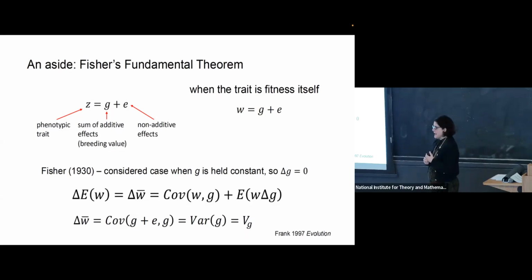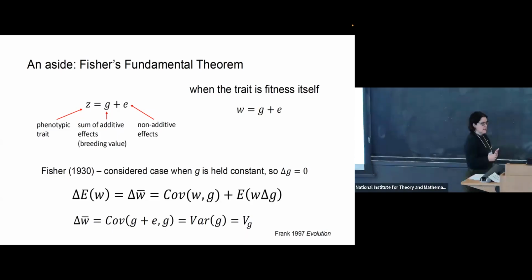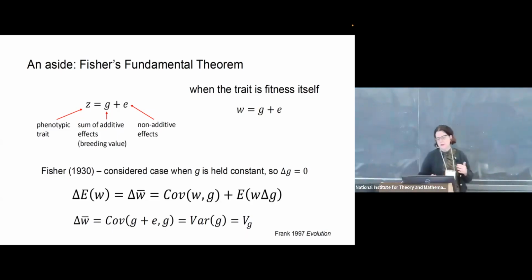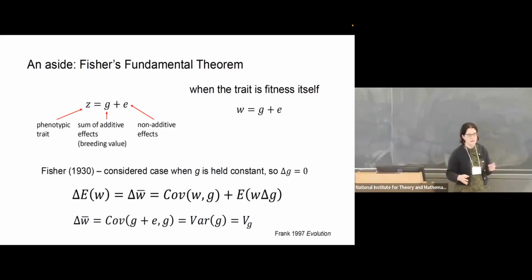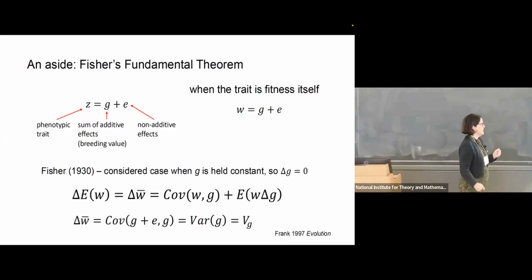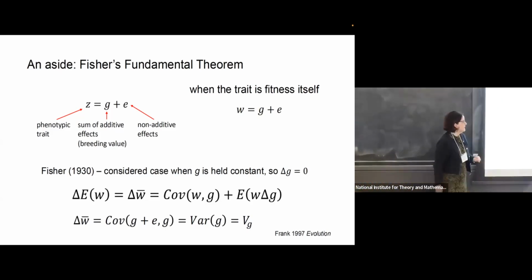What if the trait you're following is fitness? What if fitness is the trait that you care about? Well, then you can do the same thing. You can decompose fitness, again, in this G plus E framework. In the case of what Fisher was talking about, he doesn't actually derive it, there's no equation, but I'm trying to interpret Fisher via Steve.